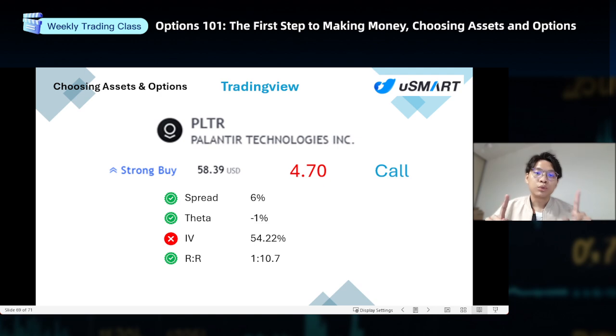But do pay attention, because there are many factors affecting the premium price. So even though in the future the IV drops below 40, you need to check all of those things again and again because everything will change together.